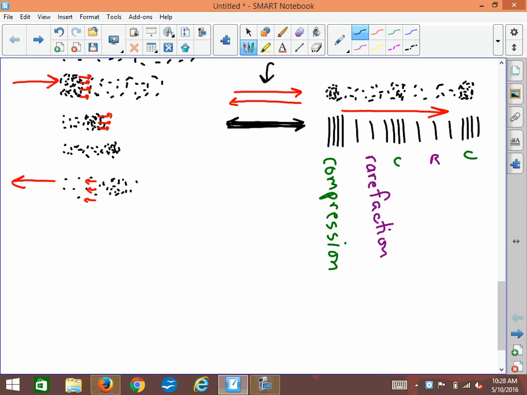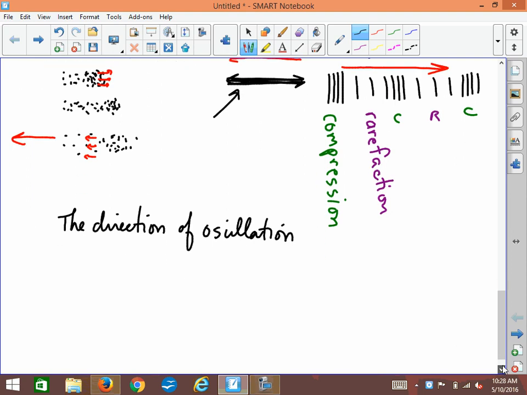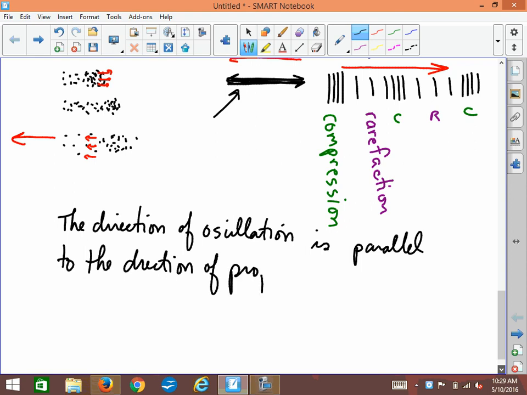So the difference for this kind of wave is that the direction of oscillation, the way you're wiggling the water, is parallel. It's not perpendicular, it's parallel to the direction of the propagation of the wave, the direction the wave goes.